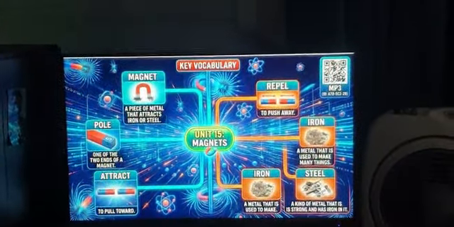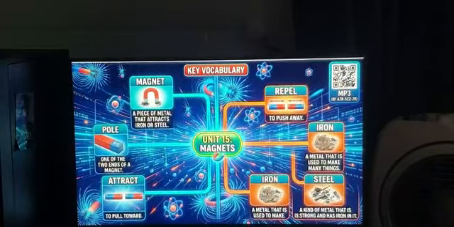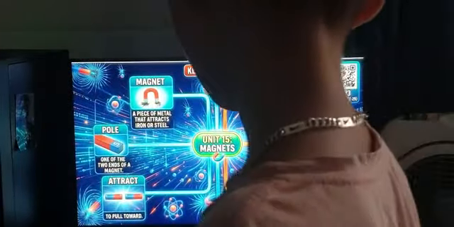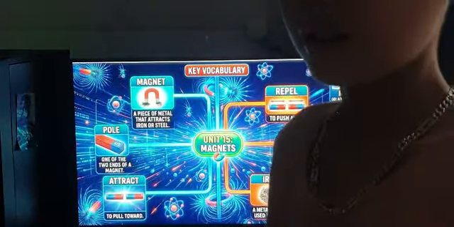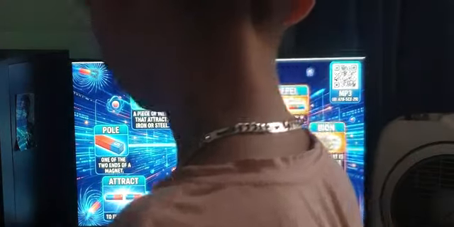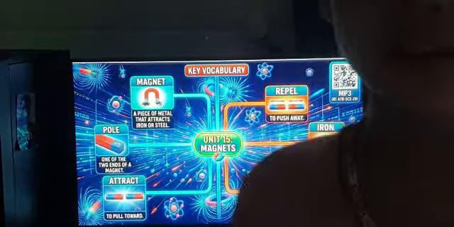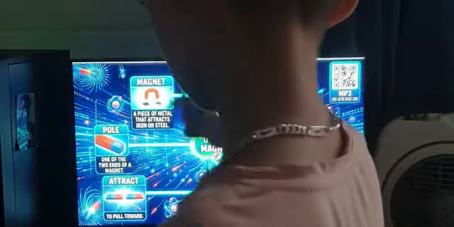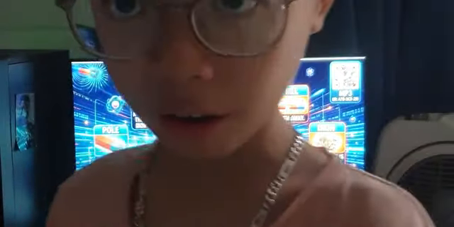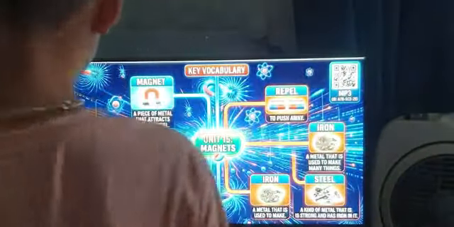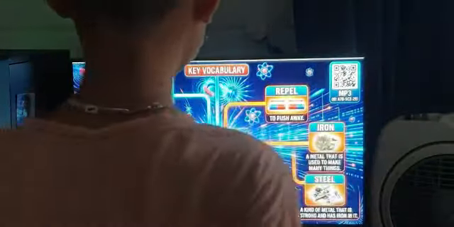A magnet can have two or three shapes. Magnets in Vietnam are commonly a circle shape, and in America a magnet has a long shape like this, with a shape like an N or U like this. So magnets have many shapes.